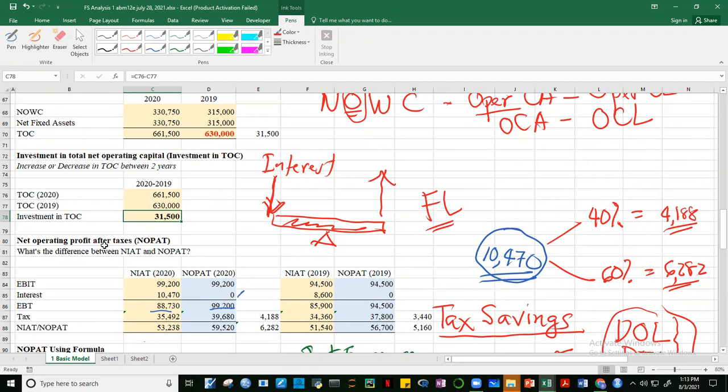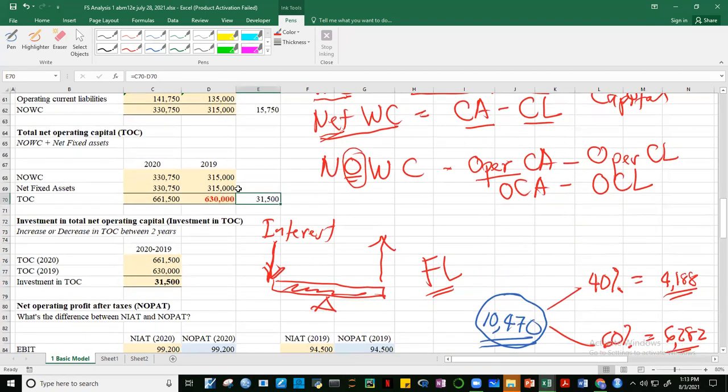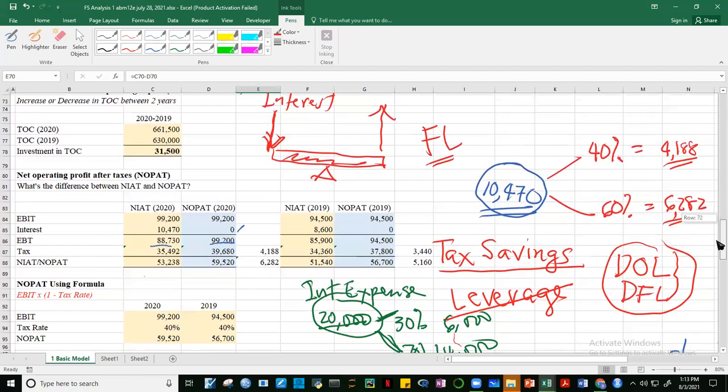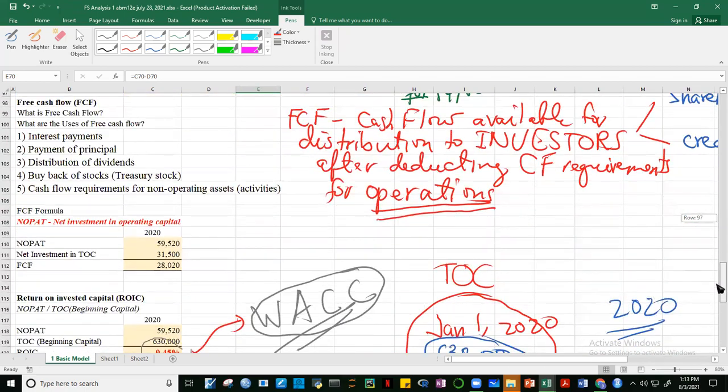We don't have 2018. We computed 2020 because we have 2019: we compare TOC 2020 with TOC 2019 to get the investment in TOC. If we don't have 2018, we will not be able to compute the free cash flow for 2019.